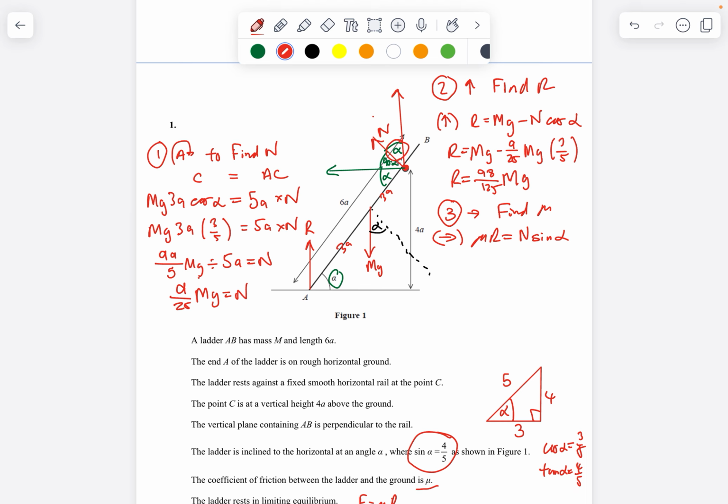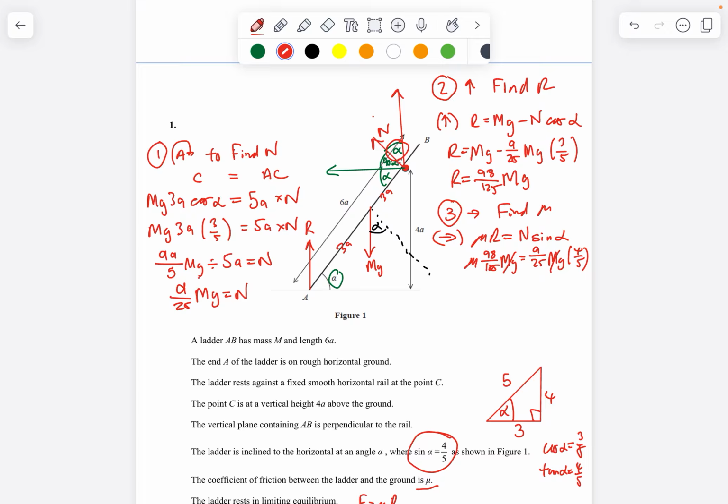Again, I can substitute in my N. So I know that mu times R, which is 98 over 125 mg, is equal to N times sine alpha, which is 4/5. So 9 over 25 mg times 4/5, which means that I can cancel out mg on both sides. Let me tidy things up a bit.